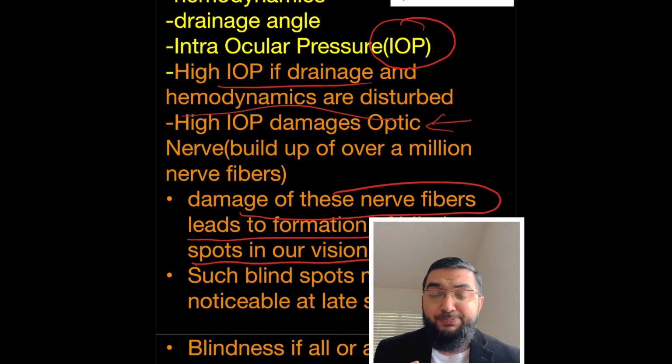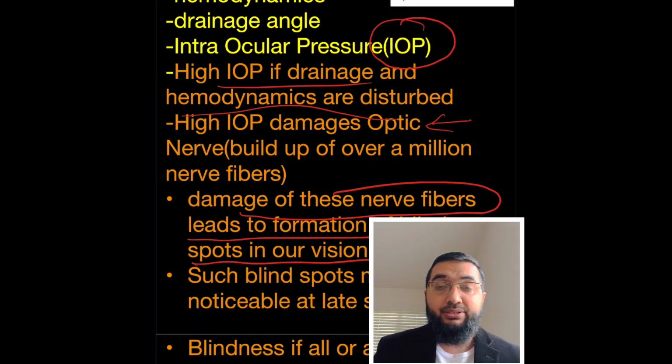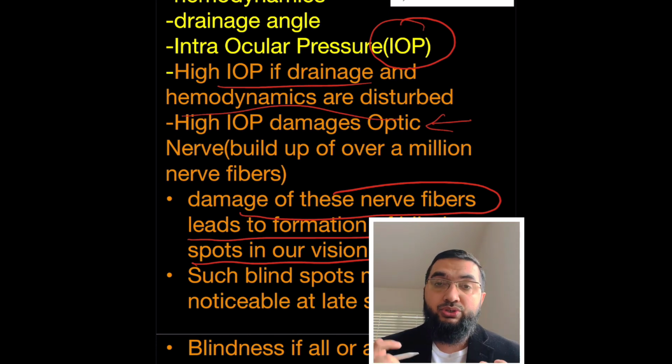And such blind spots may only be noticeable at later stages, depending on when you get to the doctor. Blindness comes if all or most of those fibers die. So if the nerve fiber layer is dead, that's when you start heading into blindness.